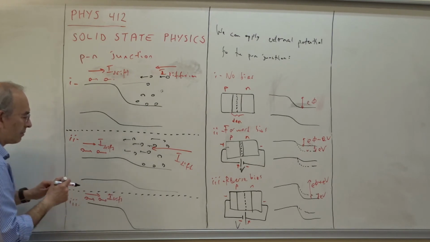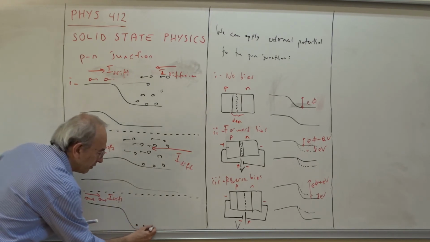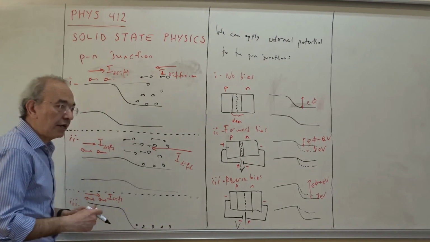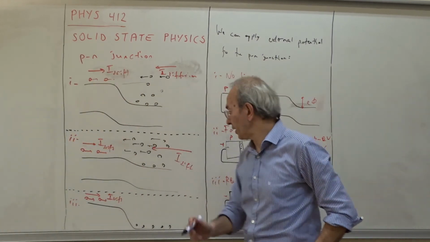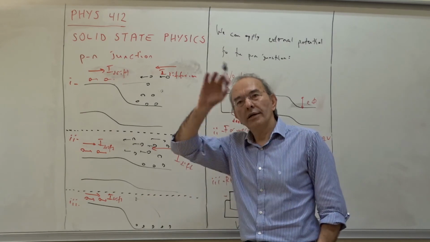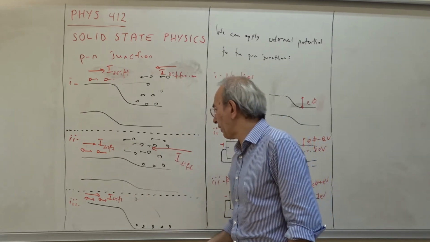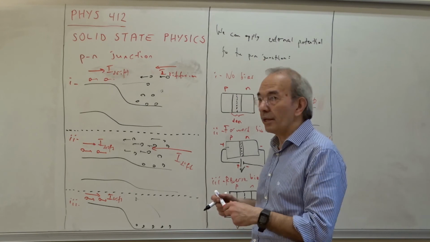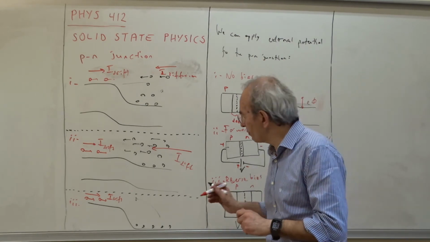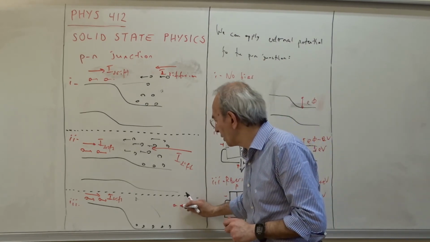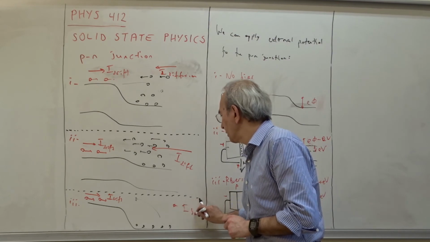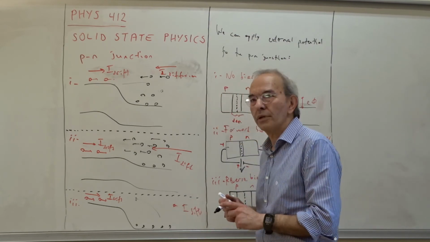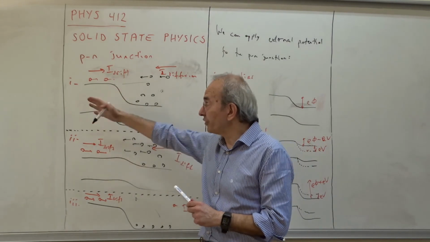However, here we don't have enough carriers having sufficient energy to overcome the barrier, so maybe there is no diffusion current, or maybe very little, maybe this much. This is just I diffusion. However, in each case, drift current is the same.